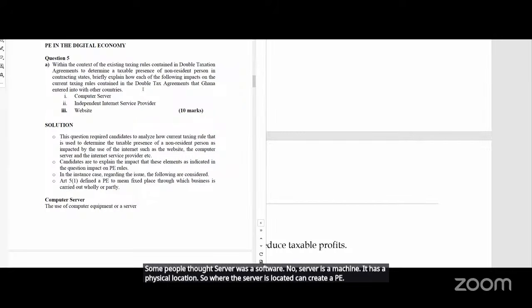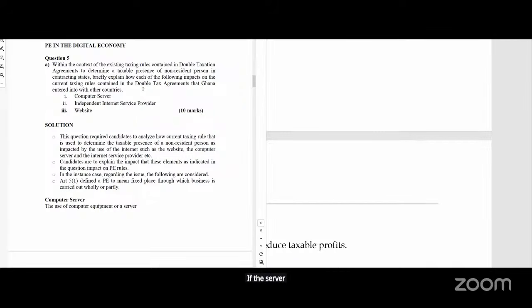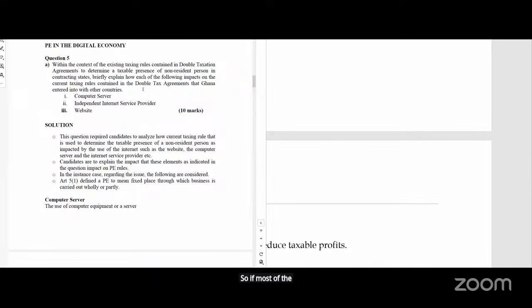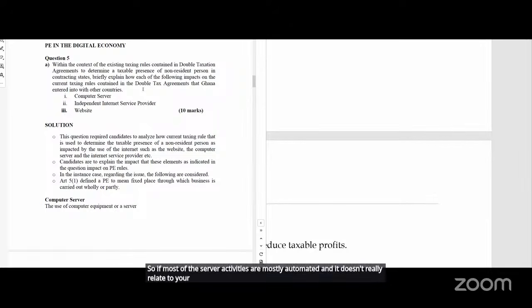But however, if the server is just performing activities on its own, it doesn't necessarily create a PE unless there's some sort of human intervention, or the core business of the enterprise is being carried out through the server. So if most of the server activities are automated and don't really relate to your business, it doesn't create a PE.